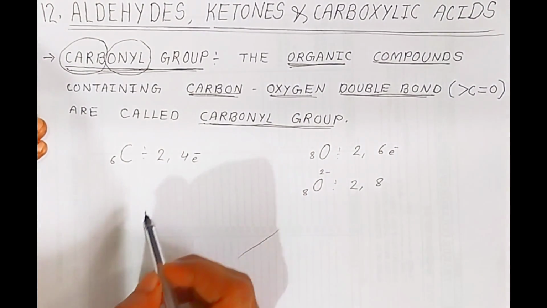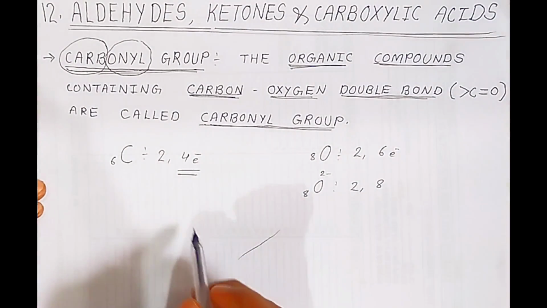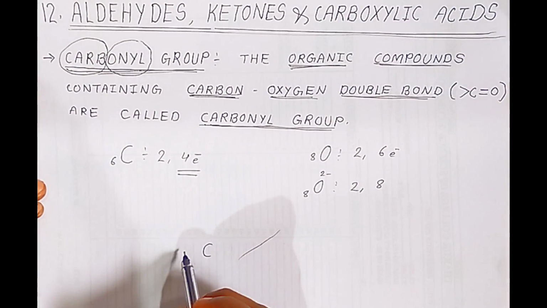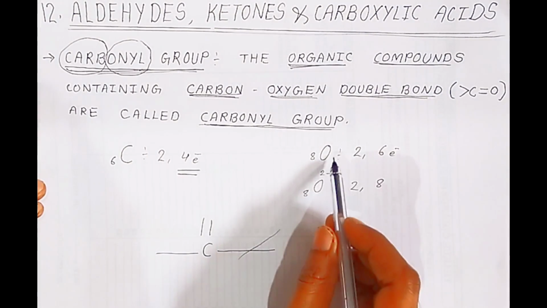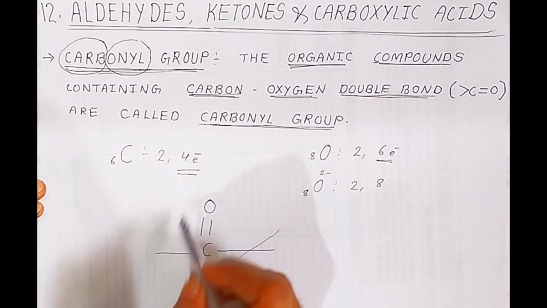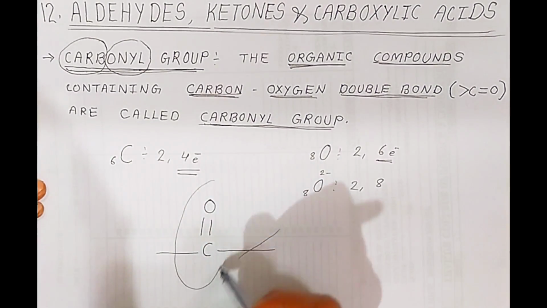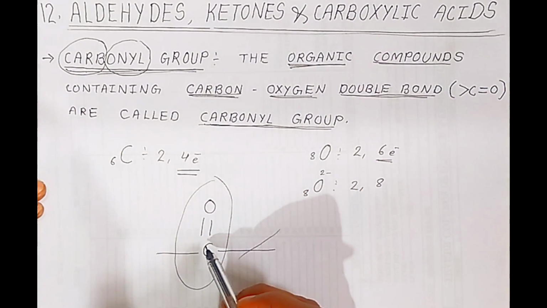Now what happens in carbon? Carbon is tetravalent. Two valencies are like this, and the other 2 valencies are occupied by oxygen. So this group, carbon and oxygen containing a double bond in an organic compound, is called the carbonyl group. Carbon oxygen double bond is called the carbonyl group.